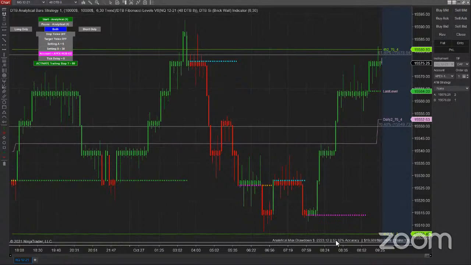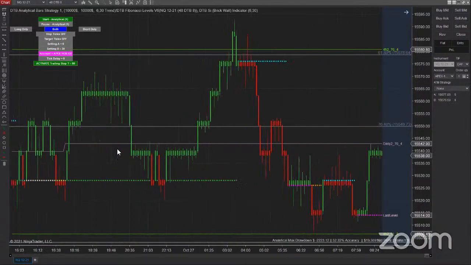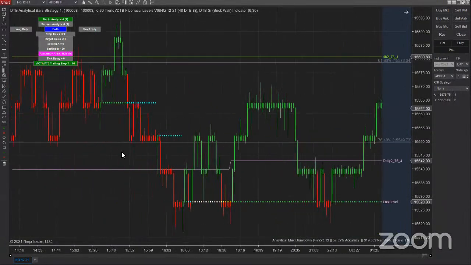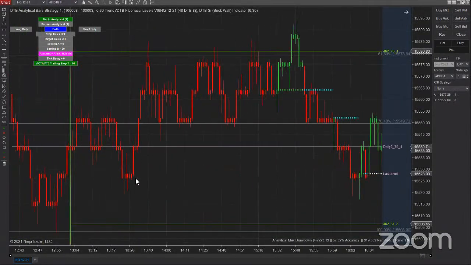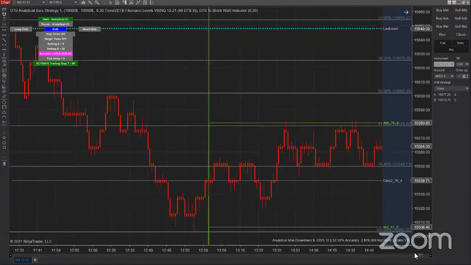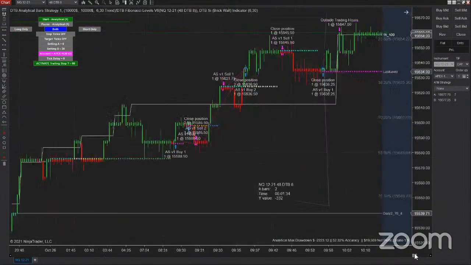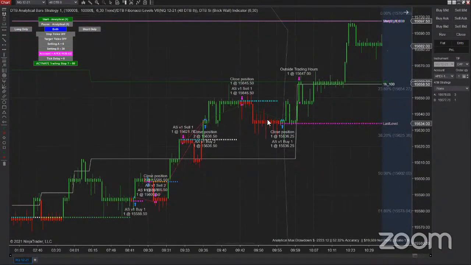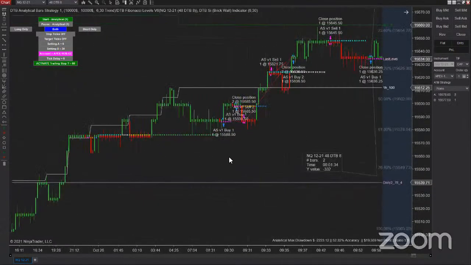So around about a 52% accuracy. That also includes all of the trades that enter in and around the baseline. Very often you'll get a situation, if I go a little bit back on the chart, where trades flick in and around the baseline.